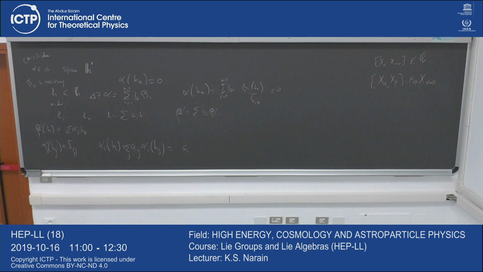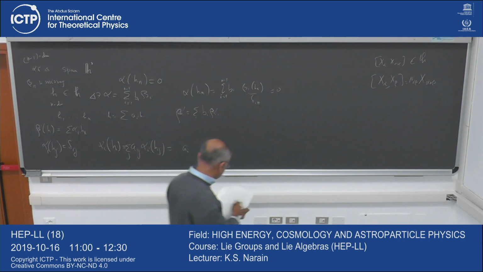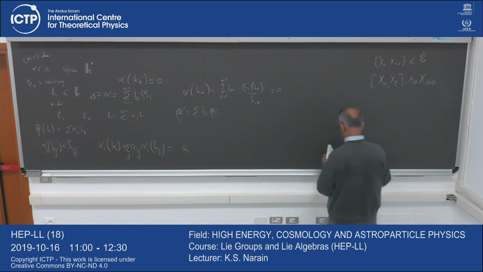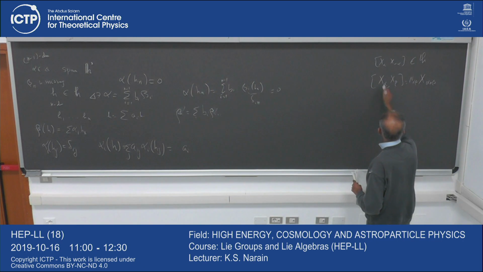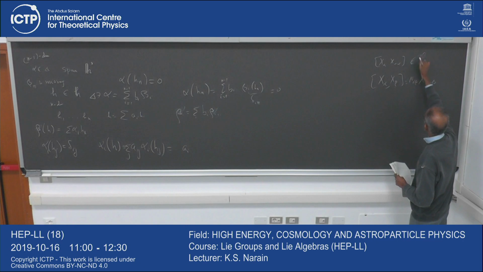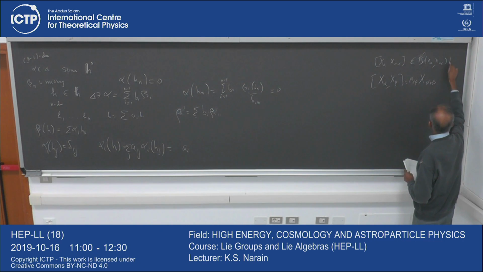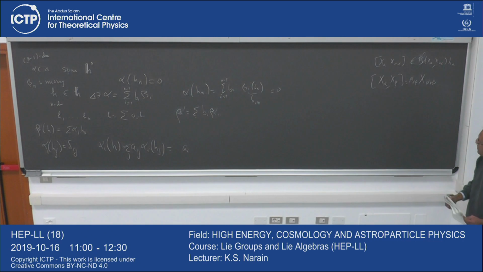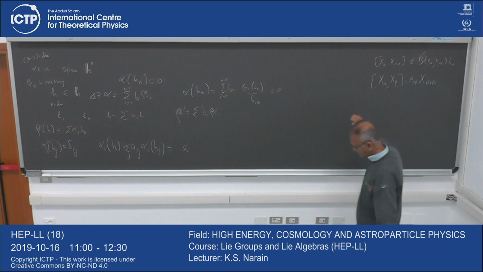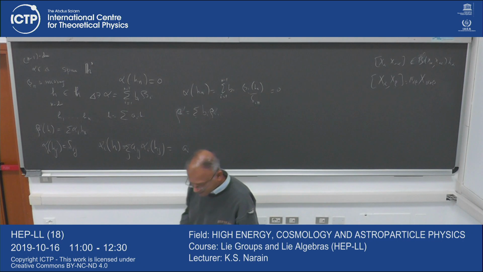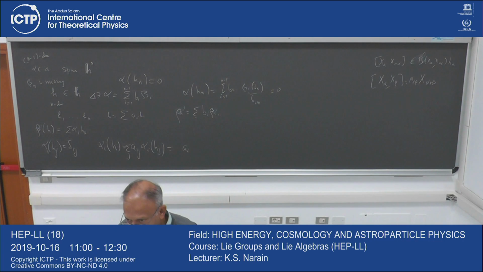That is what you're asking. Because anyway, one of the statements we proved is that x alpha, x minus alpha is equal to B of x alpha, x minus alpha times h alpha. Right? That was the statement. That comes from the non-degeneracy of the Cartan-Killing form, right?